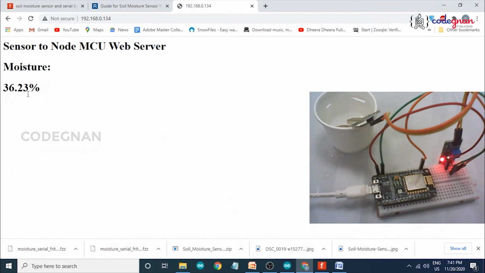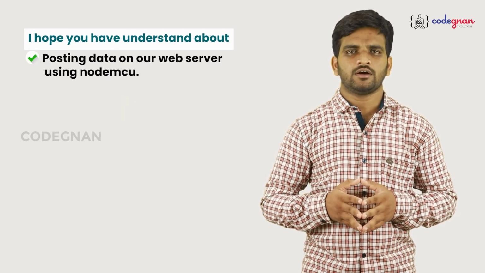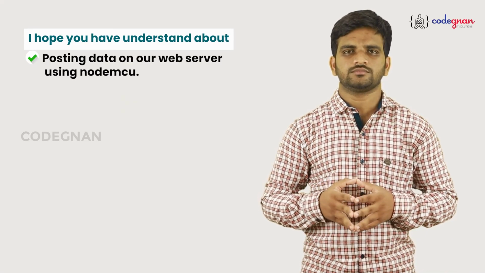It gives the percentage of soil moisture in my cup. This is how we can send our soil moisture data to the web server without pressing the refresh button in the web server. I hope you have understood about posting data on a web server using NodeMCU.